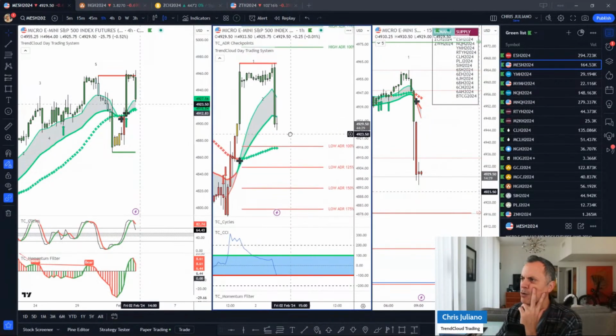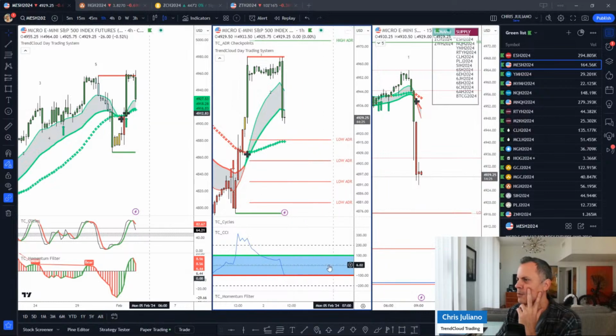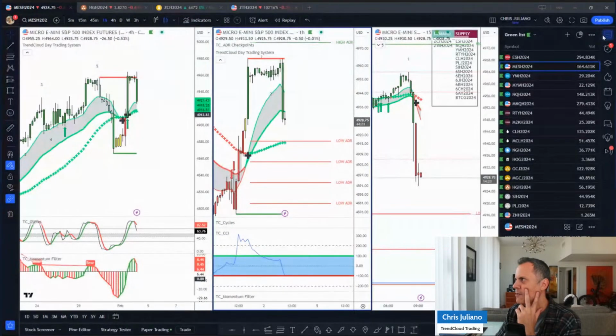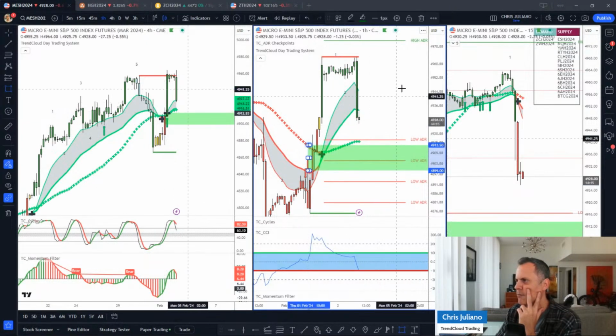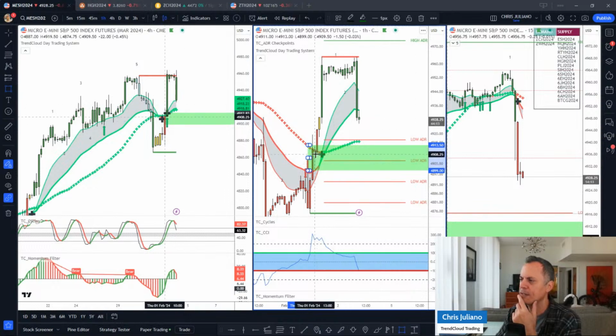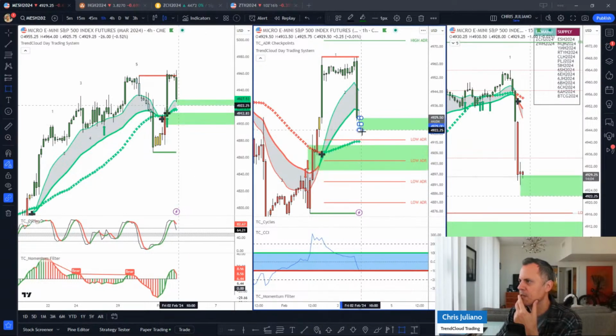Look at what we're going to run into today. This is a 1 hour. Here's the 1 hour rally base rally. There's the 1 hour rally base rally. And we've got these two ADR checkpoints. So it's very possible we get something like this today.